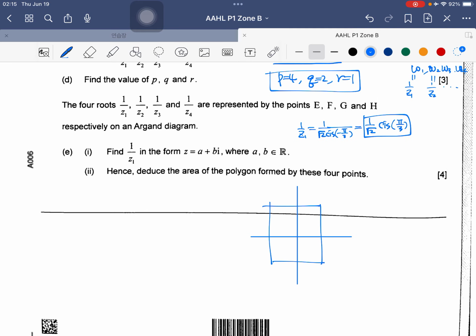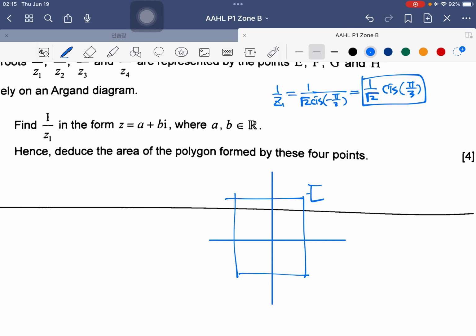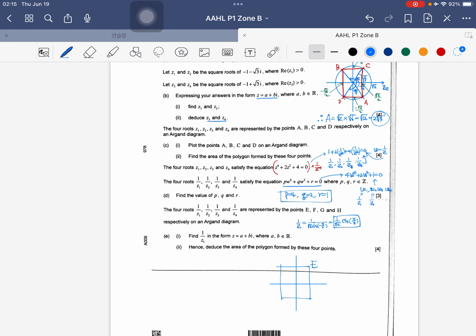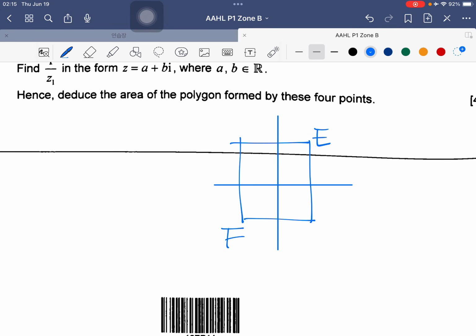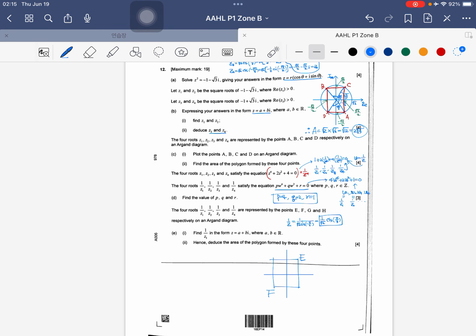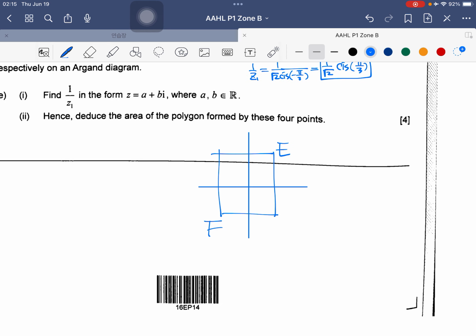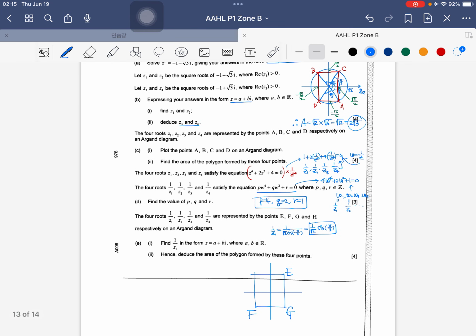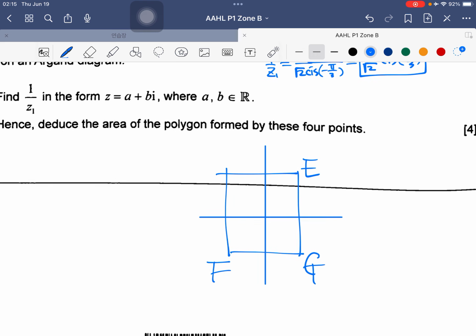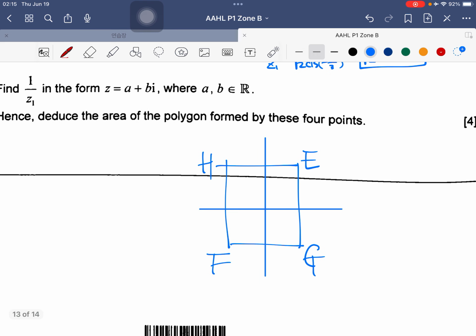A goes to E, so E over here. B goes to F, so this should be F. C goes to G, so this is G. And D goes to H, so this is H. Now all the moduli change to 1 over square root of 2.